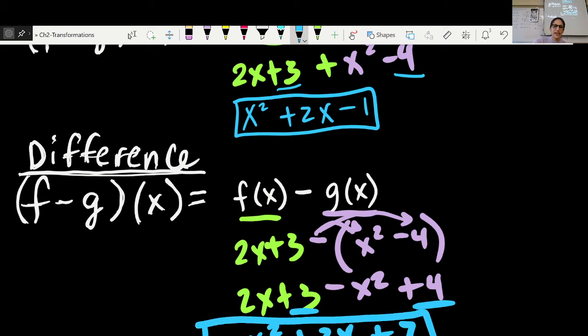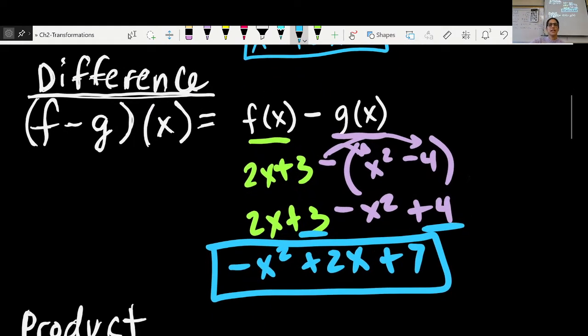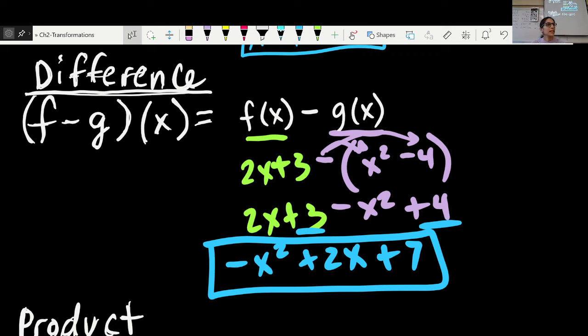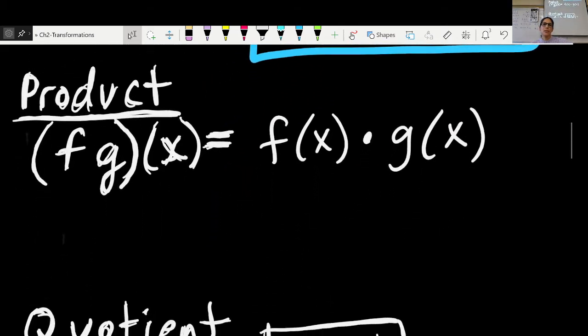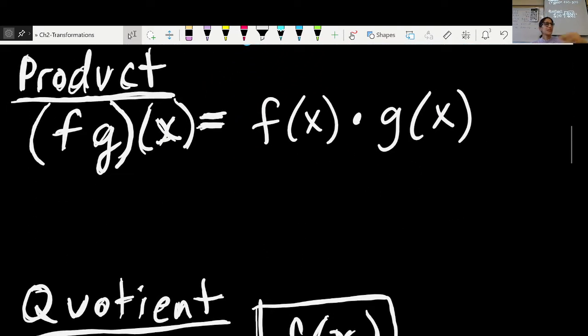So instead I get this as my cleaned up equation. So far so good? I won't always fly through things, but I do feel like this one is sort of repetitive, the same ideas or same concepts. But you let me know if we need to slow things down a little bit.